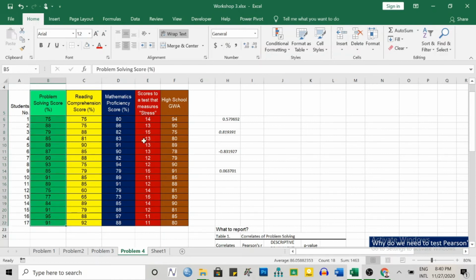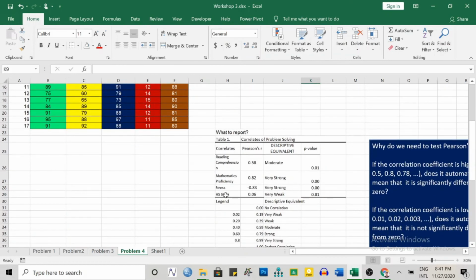So it's negative. While this is increasing, the problem-solving score is decreasing. If this is decreasing, the tendency for the student's problem-solving score will increase. That's what we mean by an inverse relationship. It is going the other way.